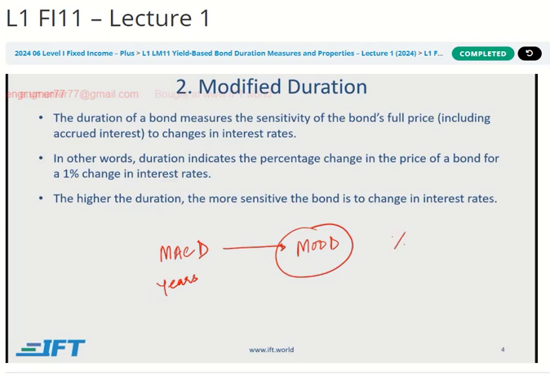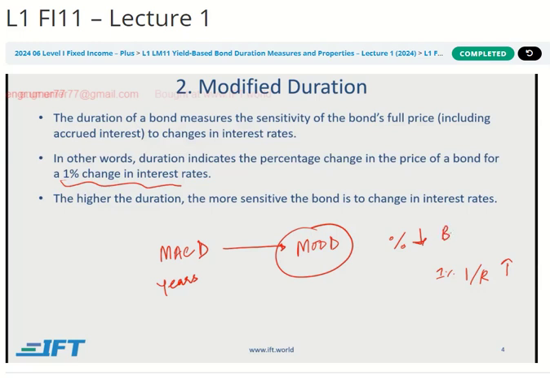This tells you how sensitive your bond price is to changes in interest rate. Specifically, a 1% change in the interest rate. So if the interest rate goes up 1%, how much will your bond price come down in percentage terms? That is what your modified duration tells you.